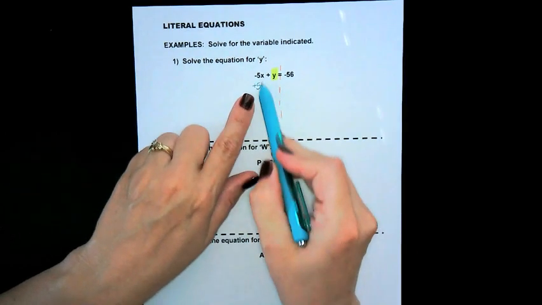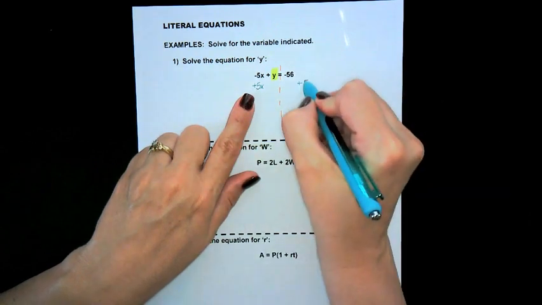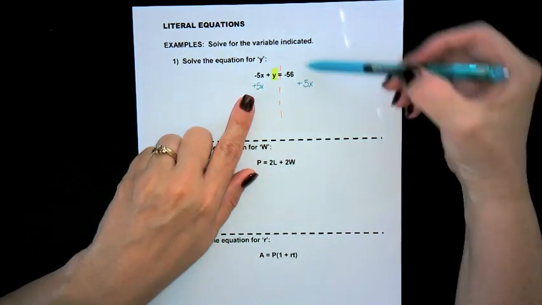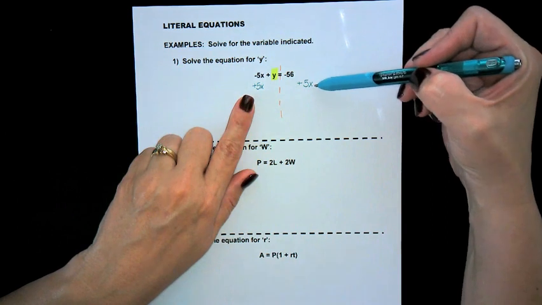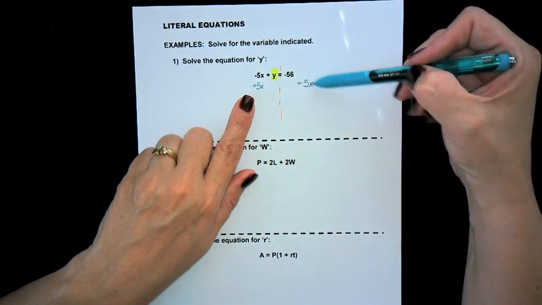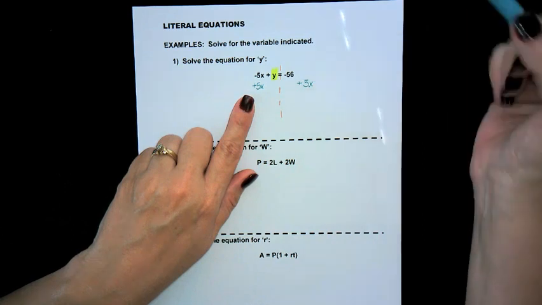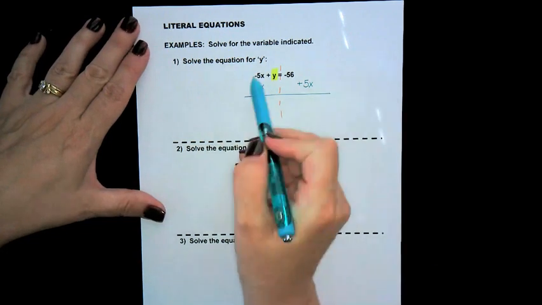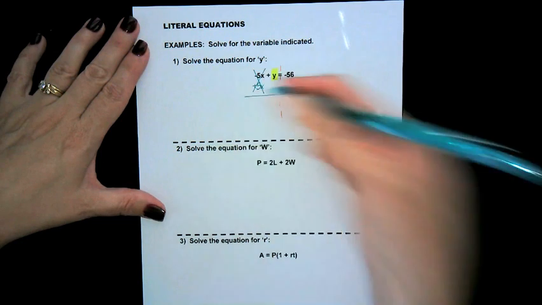You'll notice I wrote it underneath the negative 5x term, but I'm not going to write it underneath the negative 56 term. The reason I don't is these are not like terms. Like terms have the same variables, and the negative 56 and the 5x don't have the same variable. So, negative 5x plus 5x gives you 0.